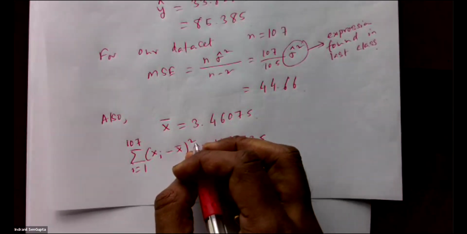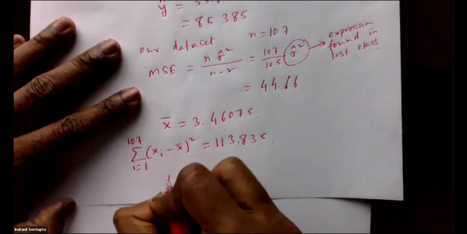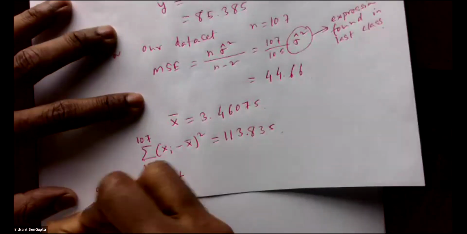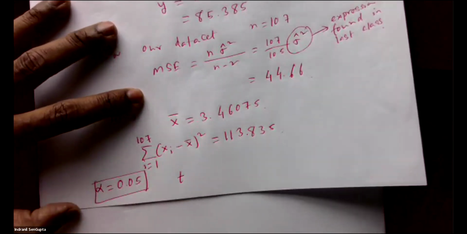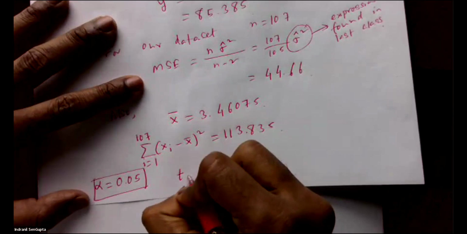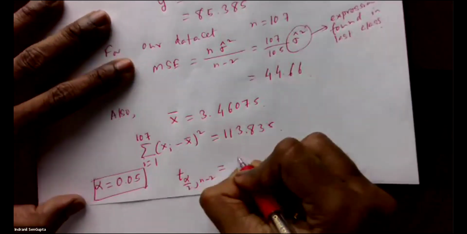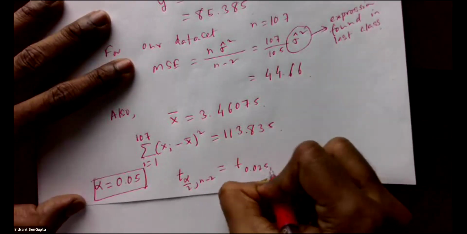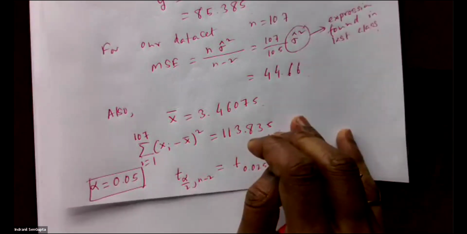So alpha is 0.05 for the 95% confidence interval. So t of alpha over 2, n minus 2. That is really t of 0.025 and 105, right?